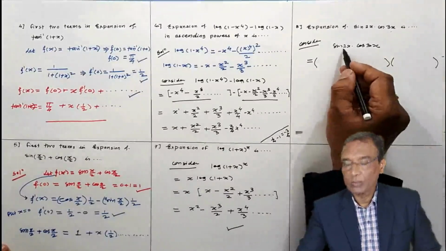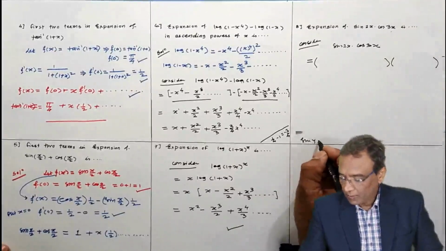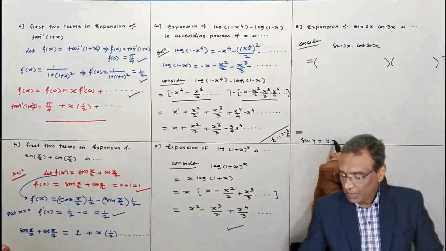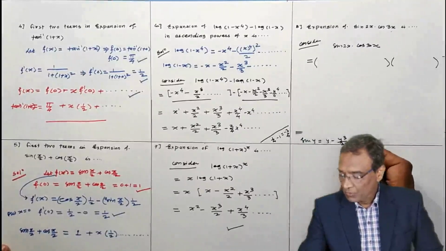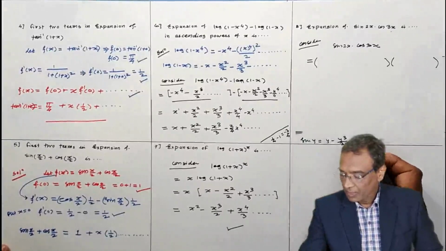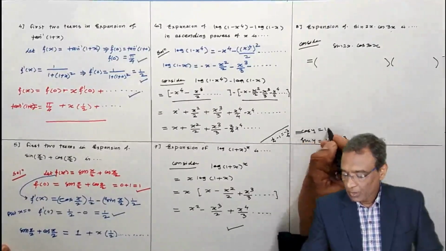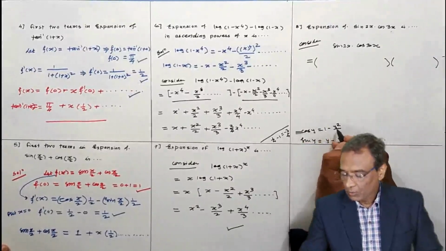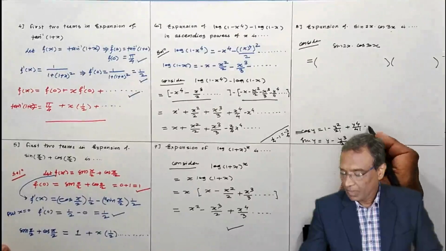What is the expansion of sin 2x? Expansion of sin y is what? y minus y cubed by factorial 3 plus y raised to 5 by factorial 5 and so on. Expansion of cos y is what? 1 minus y square by factorial 2 plus y raised to 4 by factorial 4 and so on.